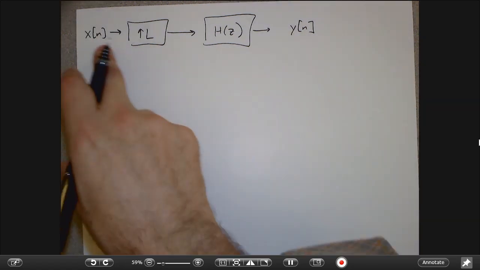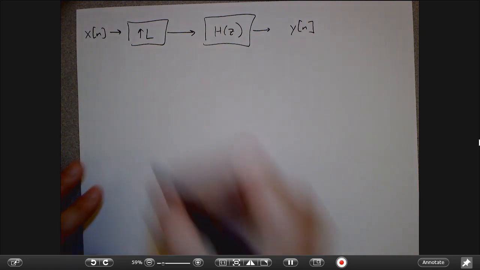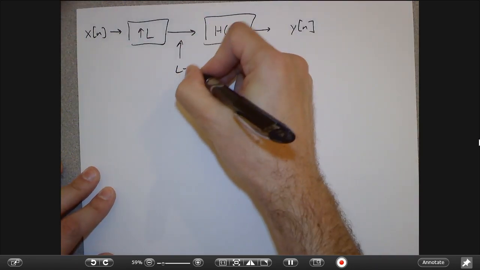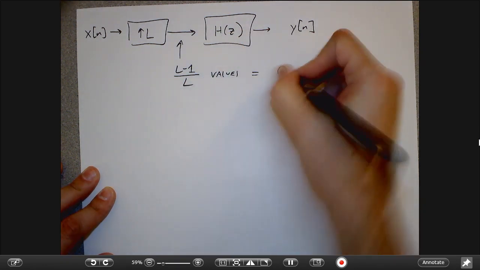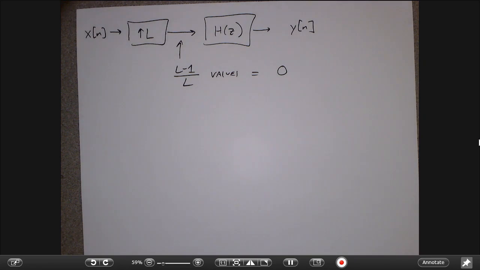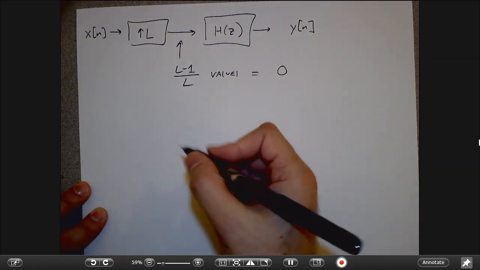Because this is like saying that when I upsample, I insert, so here, L minus 1 over L of these values are going to be equal to 0, right? And so the filter, if this is just some sort of hard-coded filter, it doesn't know that, right? It's just going to be grinding through, multiplying lots of things by 0, wasting a lot of time, right? So why would I multiply these zeros explicitly if I could rearrange my computation to avoid that kind of needless stuff, right? So when I filter, I'm wasting a lot of time here.